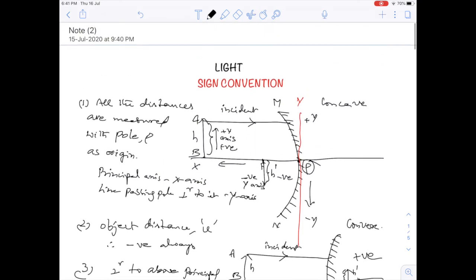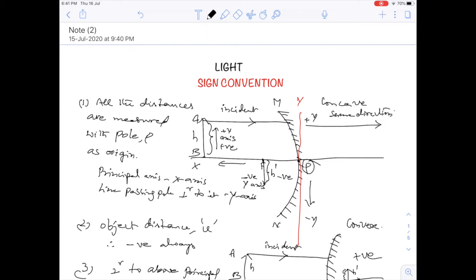Now, the light is incident from left to right, and if the distance is measured in the same direction as that of the incident light, it is considered a positive distance. Even otherwise, we can see that the distance is measured from the pole towards the right.